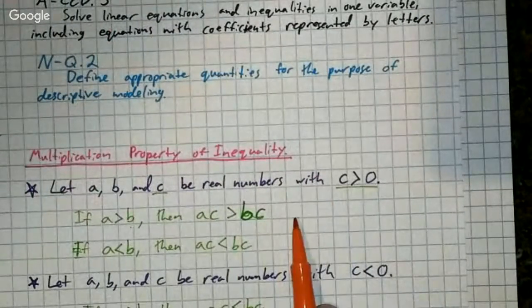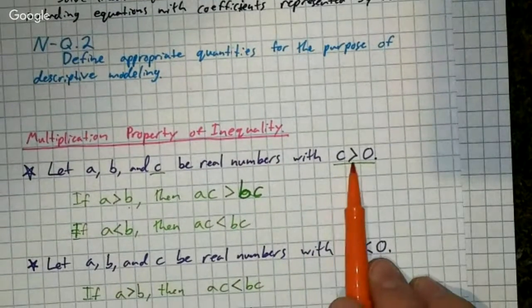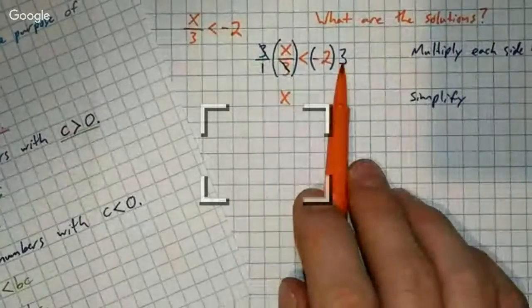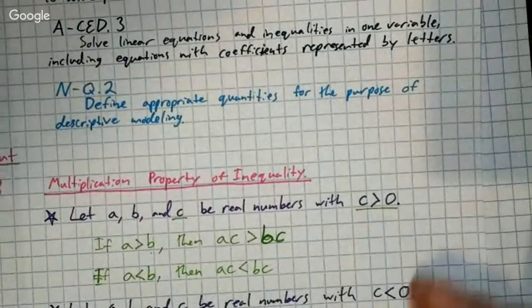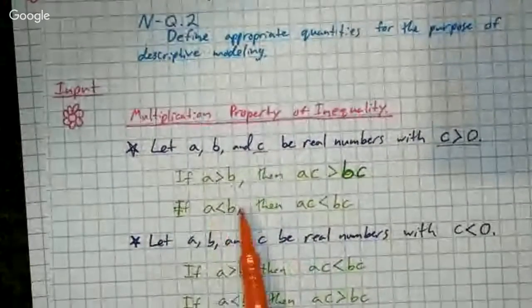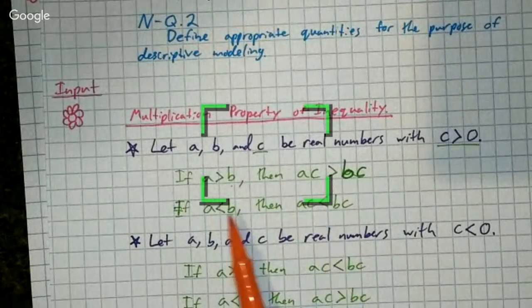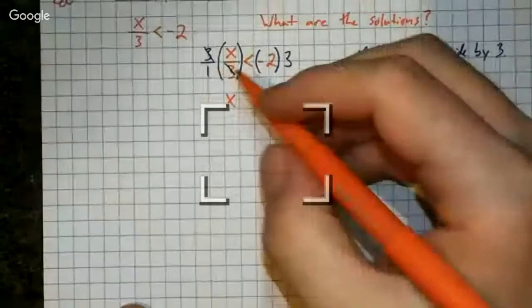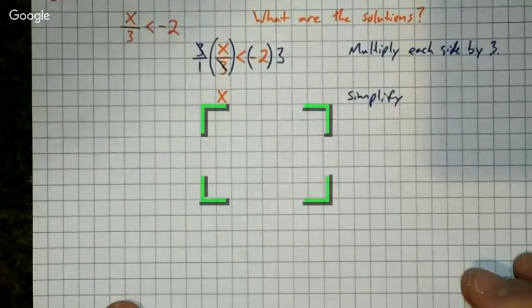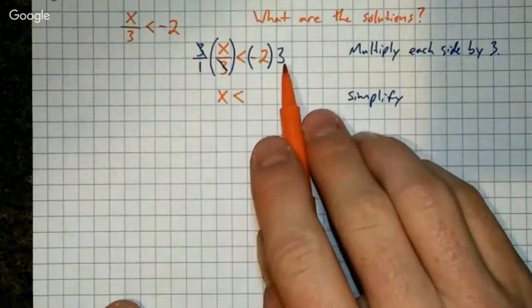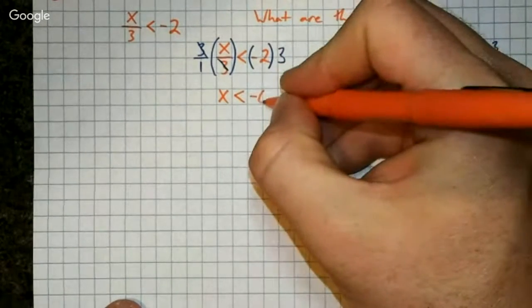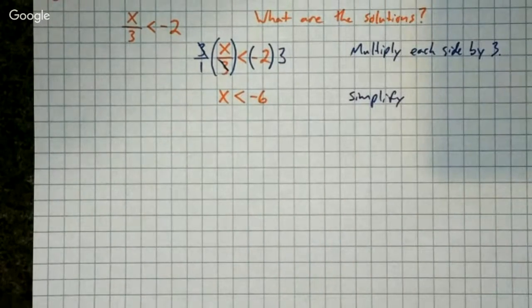That third number we're multiplying, is it positive? It is greater than 0. The 3 that we multiplied to both sides is greater than 0, meaning if A is greater than B, then it's going to stay the same. If A is less than B, it's going to stay the same. So let's look at the sign. It says less than. It's going to stay less than. Negative 2 times 3 is going to give us negative 6, and that's going to be our answer.